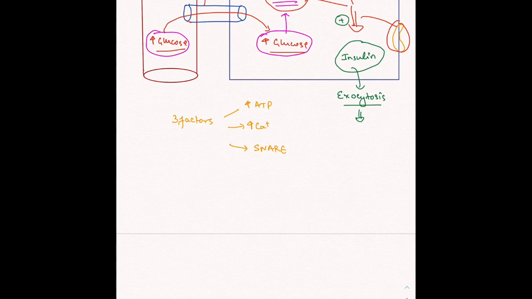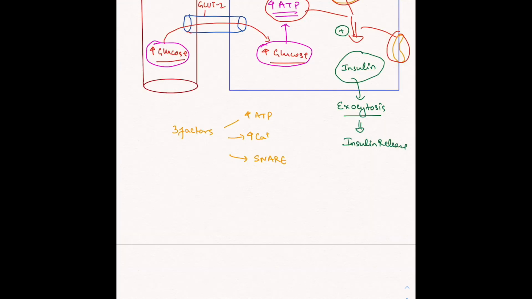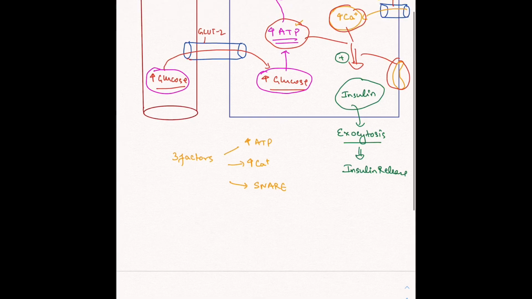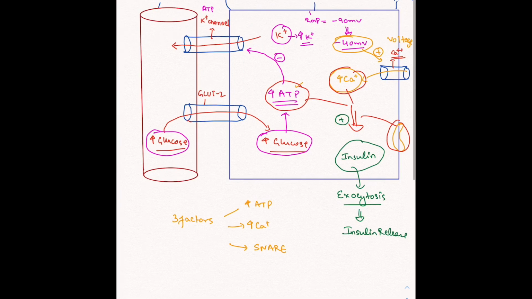So these are the basic steps for insulin release. There are four important steps. The first one is GLUT2, which is a glucose sensor. The second one is closure of the ATP sensitive potassium channels.